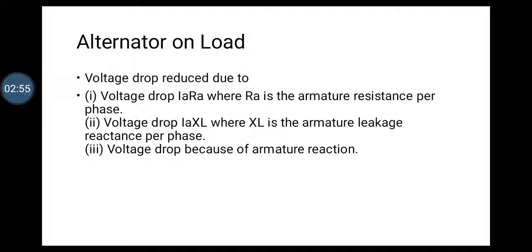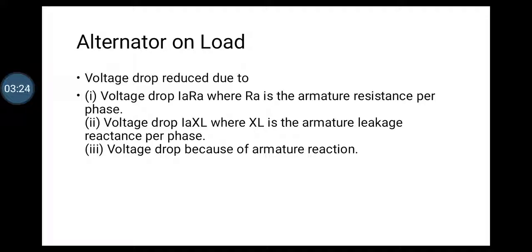The load will be at unity or lagging power factor, so there will be considerable armature reaction, which results in a voltage drop in the circuit. That also will reduce the terminal voltage. So this we call the voltage drop due to the armature reaction.